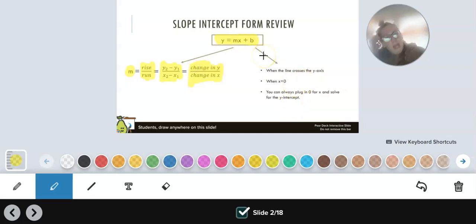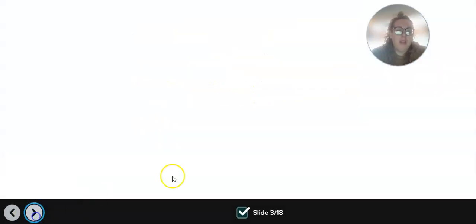Then we have our b, which is our y-intercept, where it crosses the y-axis. At that point on the y-axis, our x-coordinate is 0, so we can always plug in 0 for x to solve for that y-intercept. This is just a review about one of the forms that we'll use to graph today.